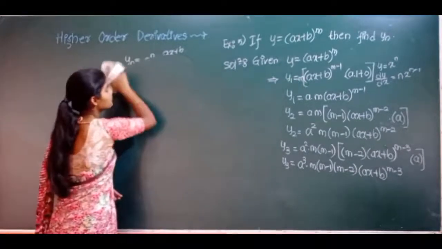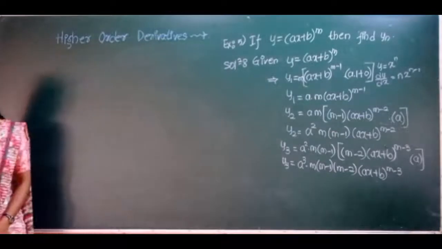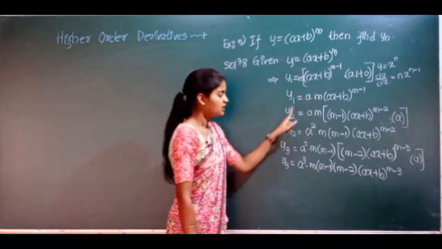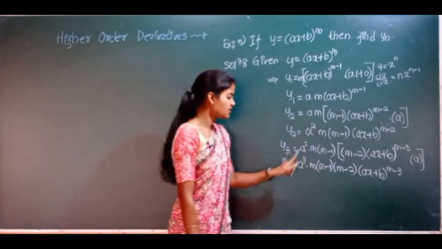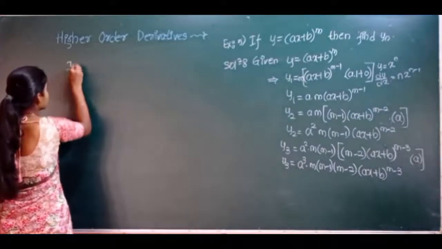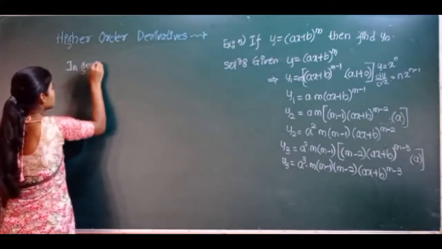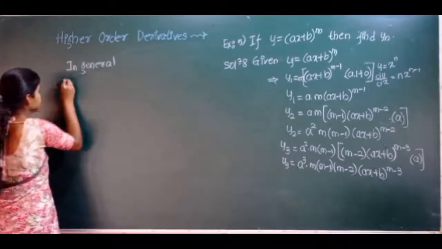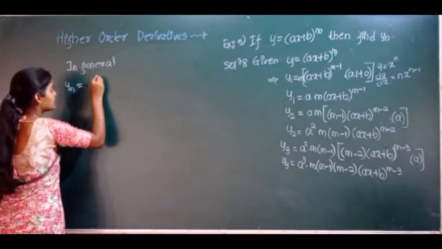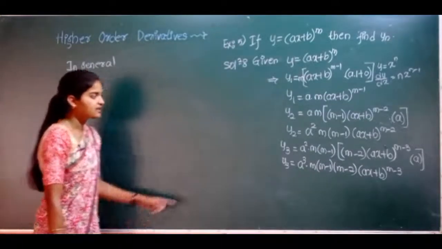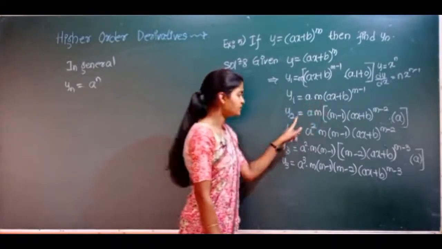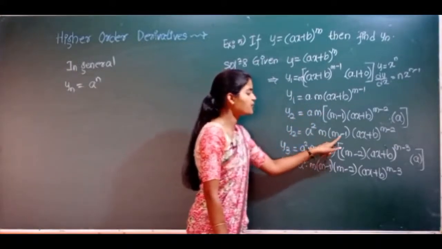Yes. So, in y1 a is there, in y2 a square is there, in y3 a cube is there. Therefore, in general, in yn the power of a will be n, that is a raised to n. The next term: in y1 it is m, in y2 it is m into m minus 1.